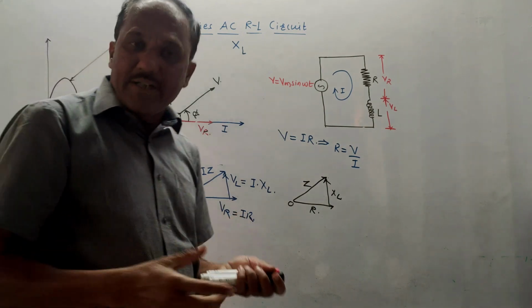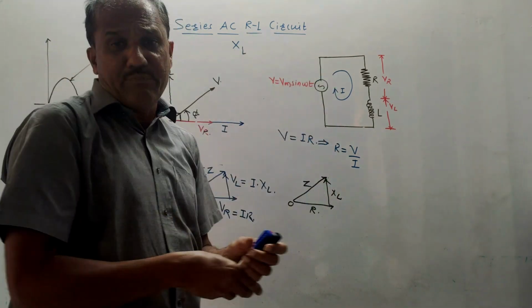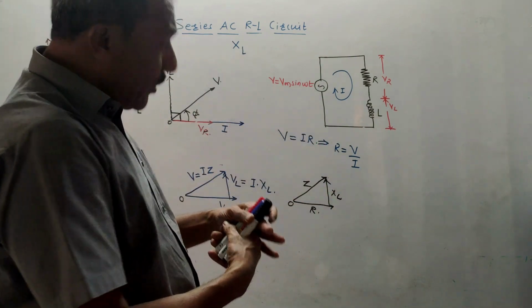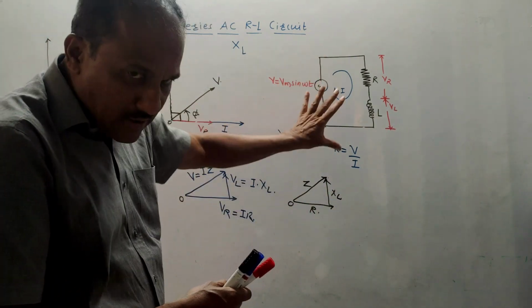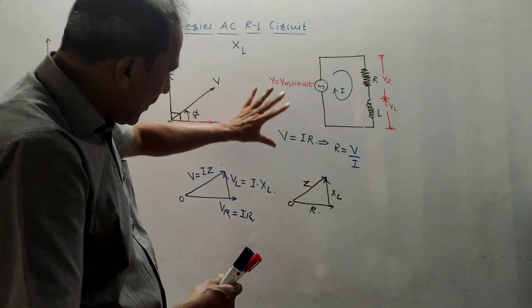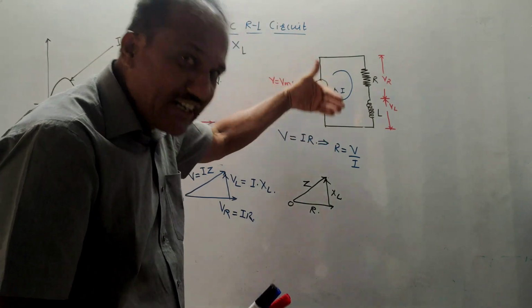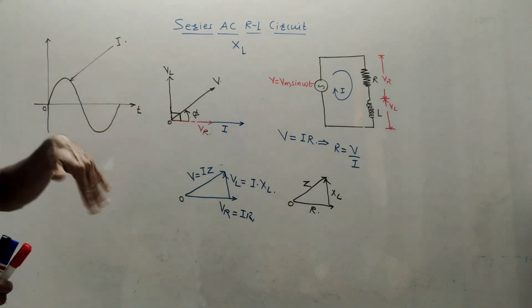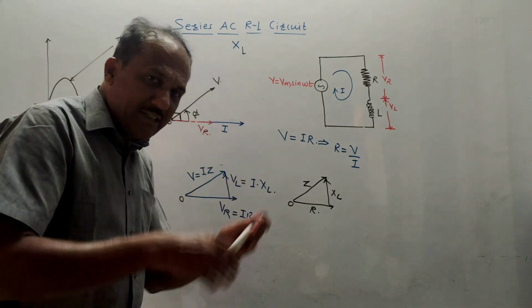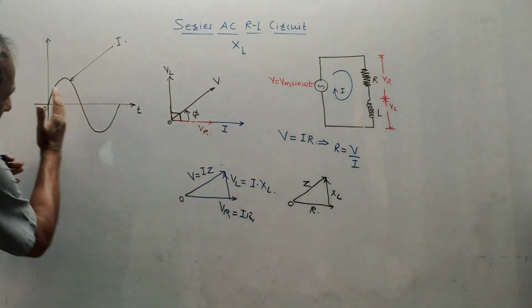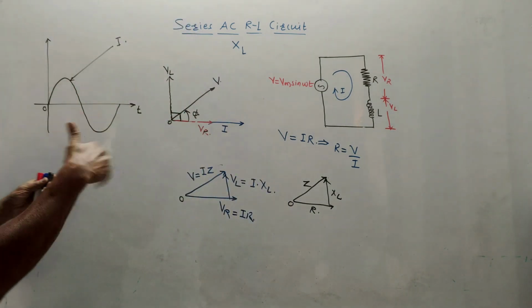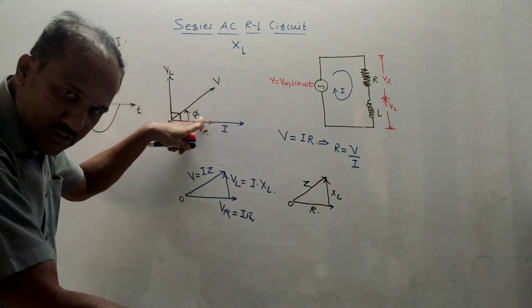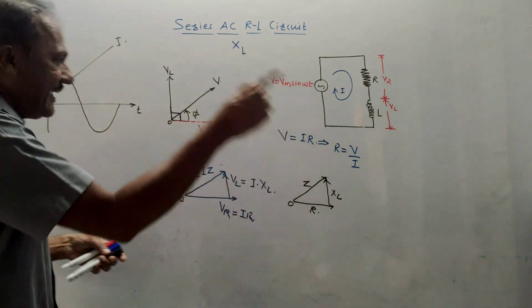Now, how to remember the things? There are so many diagrams in the subject, so you should remember each thing logically. What I said, in case of RL circuit, the voltage across the inductor leads current by an angle phi. This is the diagram of current. I want to draw the diagram for voltage. Since it is leading, that means it will start after some time. After how much? After an amount phi, because the voltage across the inductor is leading the current by an angle phi.